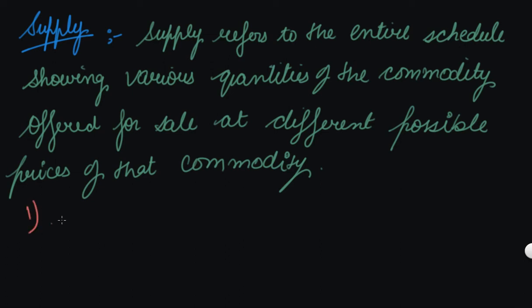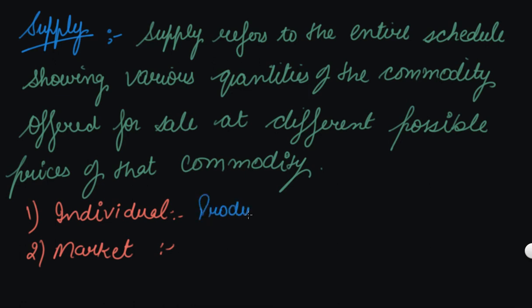Now again, the supply is of two types: individual and second is market. When for a single producer, for only one producer, your price and the quantity supplied is given, then it is your individual supply.